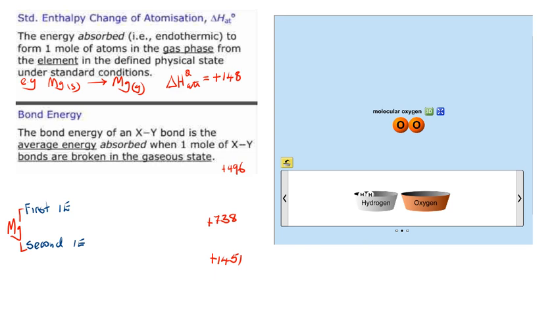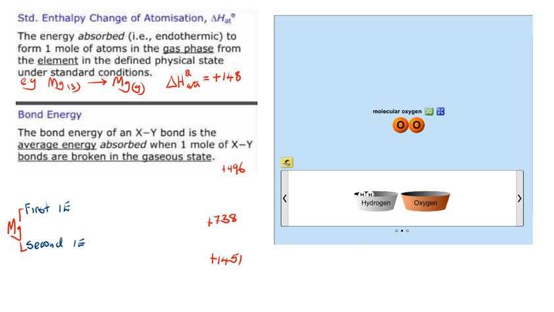Another definition is standard enthalpy change of atomization. It is the energy absorbed, so the reaction is endothermic, to form one mole of atoms in gaseous state from the element in its defined physical state under standard conditions.